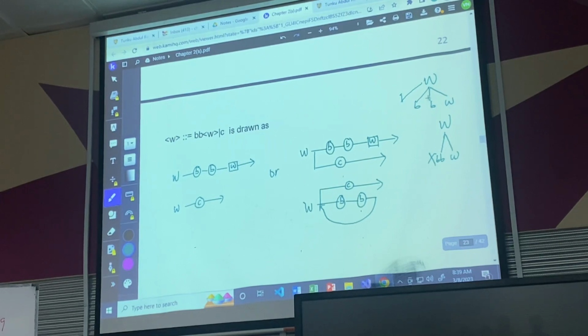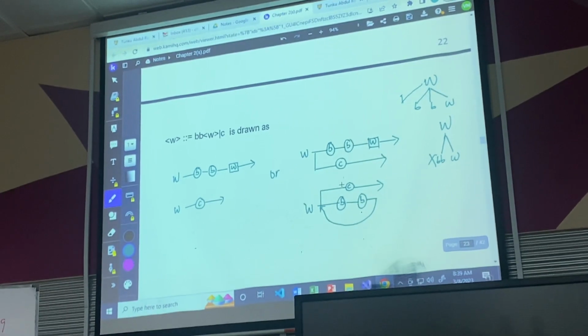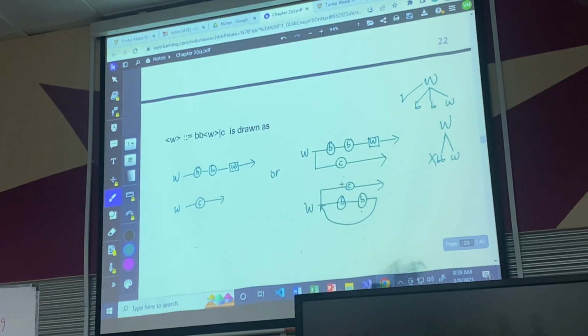So every time, if you look, your W will substitute with BBW. So this loop will go back to W, or the W can substitute with C. Then go up. Any others?